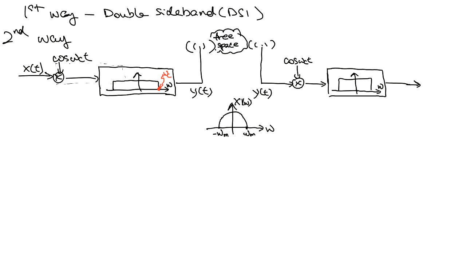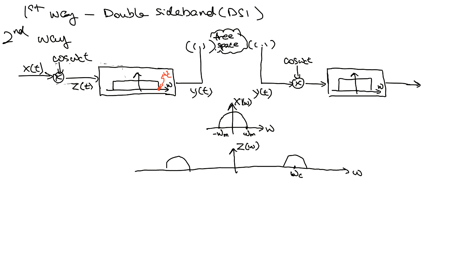Then let me call this z of t, and let me draw the spectrum of z. It would look like this.